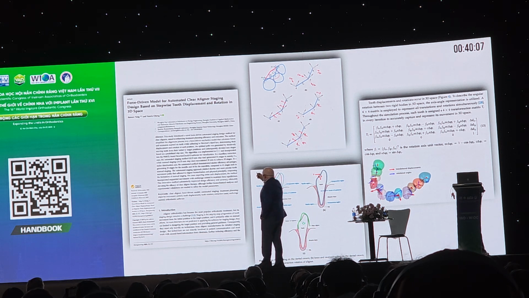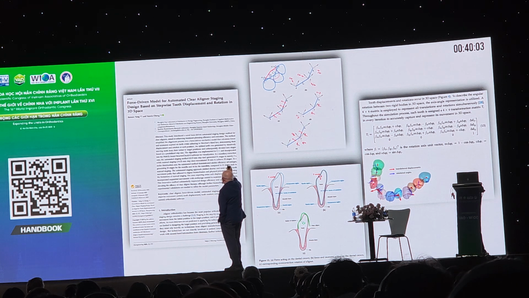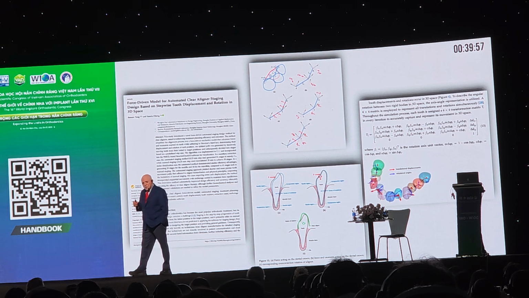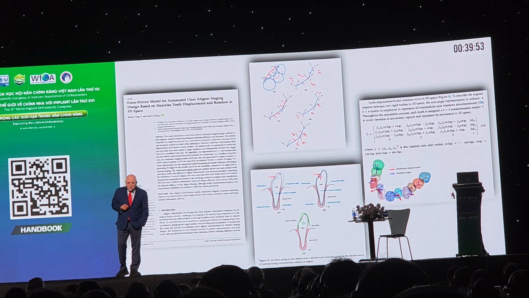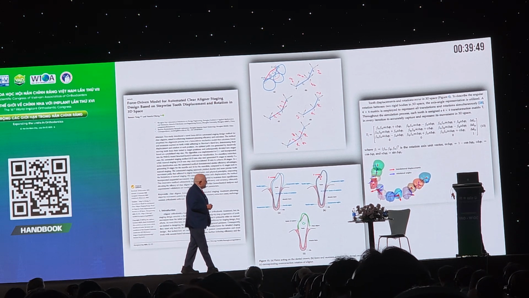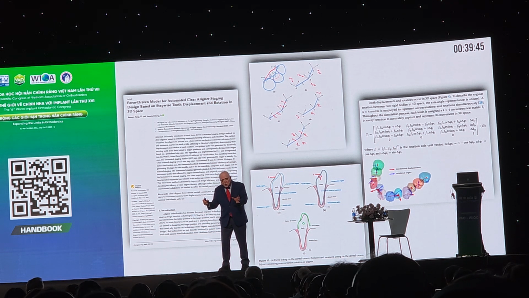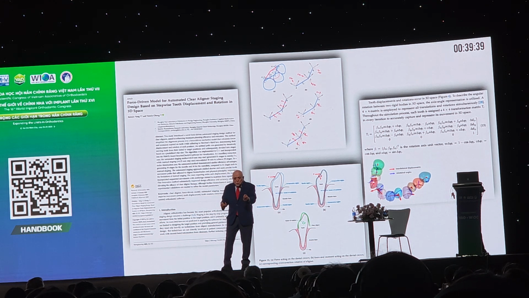So we have a force-driven model for automated clear aligner staging based on stepwise tooth movement. This is one of the nicest articles, very difficult to read, that I have read recently. This article is basically talking about how force is generated by aligners. Force is not generated because the tooth is back and you are pulling it forward.